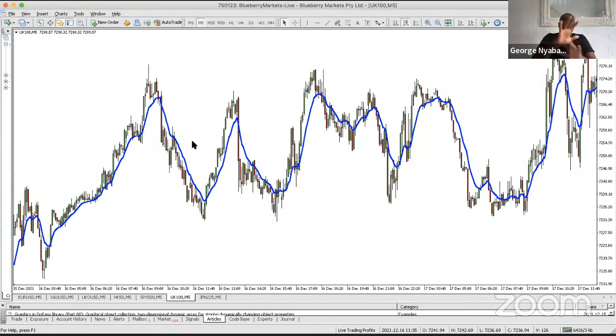So another way that I look at it: if I'm in a 5-minute trade and I'm thinking I want to hold this overnight, which I do rarely, 10-15% of the time, if it's setting up, I want to try and maximize the profits.